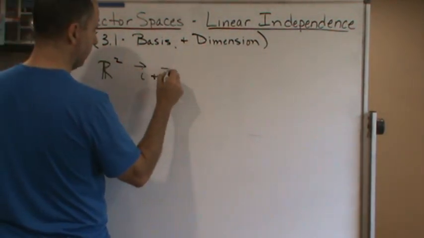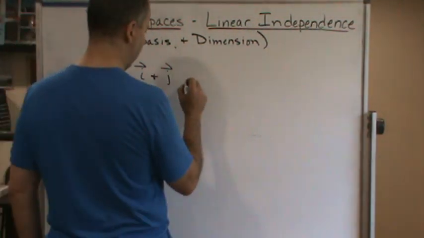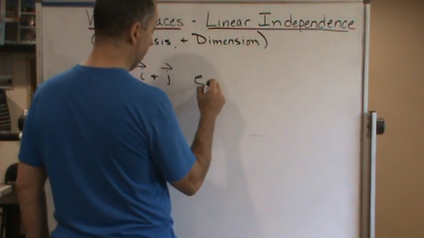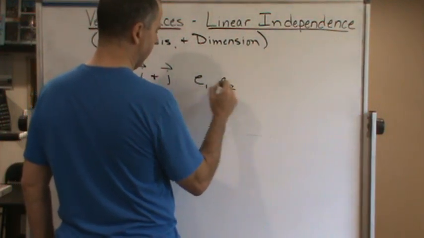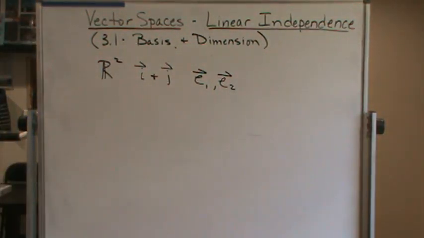Or they'll just say i vectors and j vectors. So when you talk about calculus, instead of using e sub 1 and e sub 2. Okay, and of course they'll use i, j, k in R3.